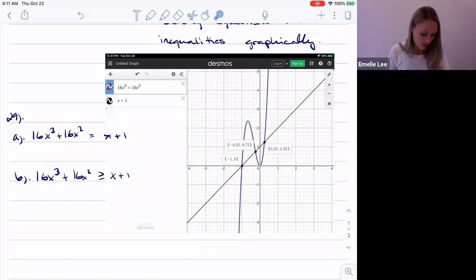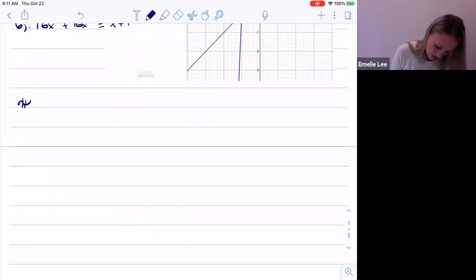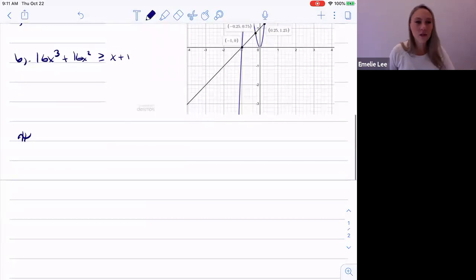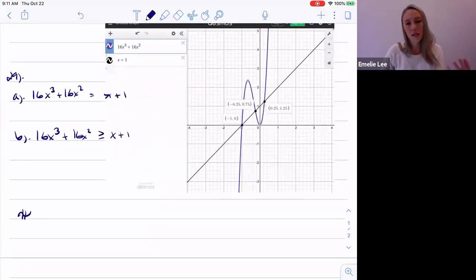Okay, so that's where we ended off last day. We can talk about increasing and decreasing functions. It's exactly what you think it is, so you already know what it is.